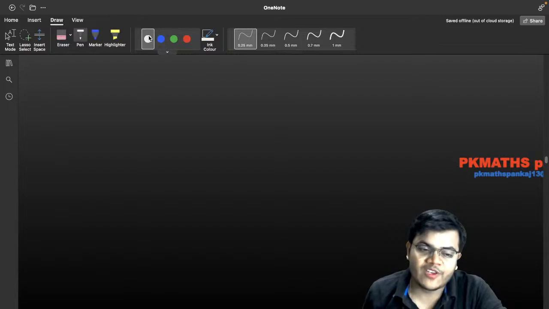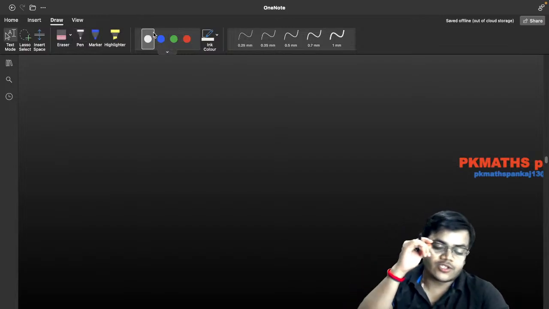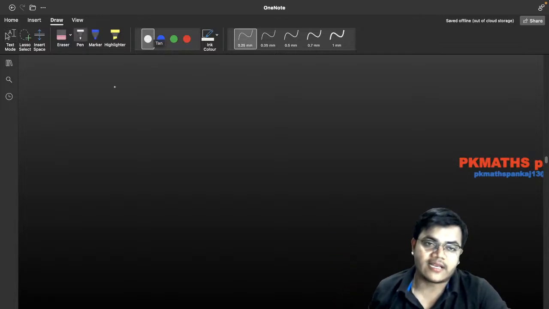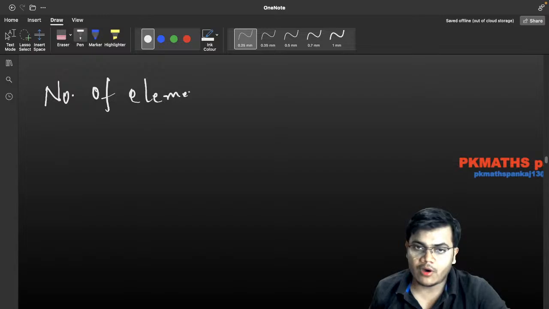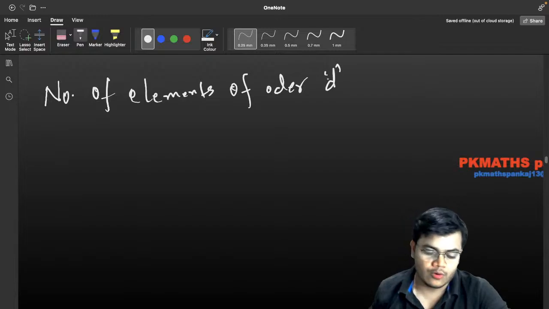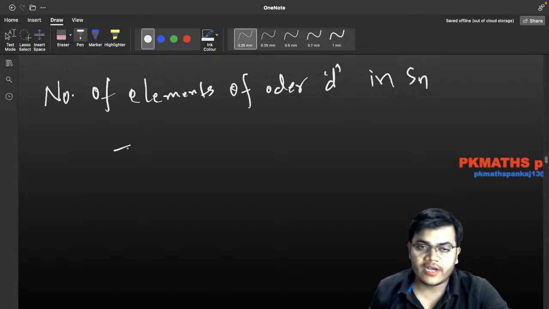Okay, you have to be very careful for this question: the number of elements of a particular order in Sn. This is a very important thing. Number of elements of order D in Sn. What is the formula for this?